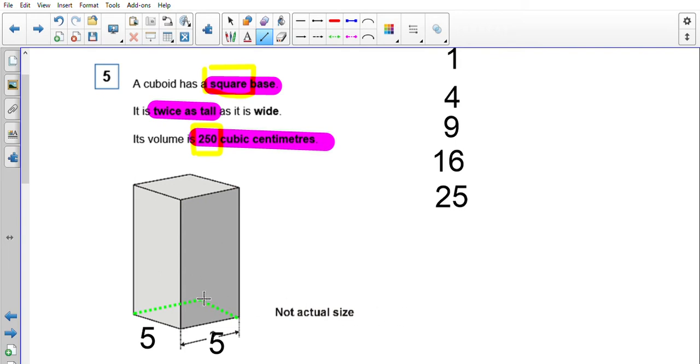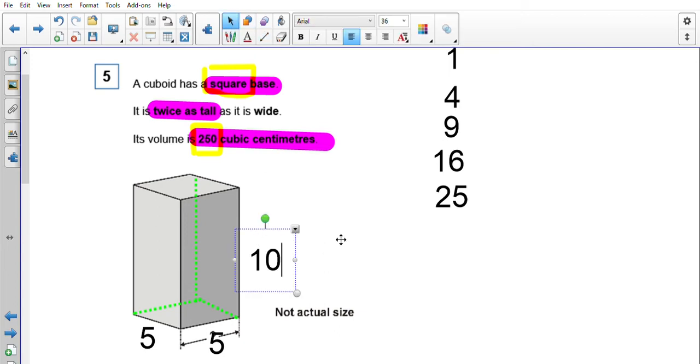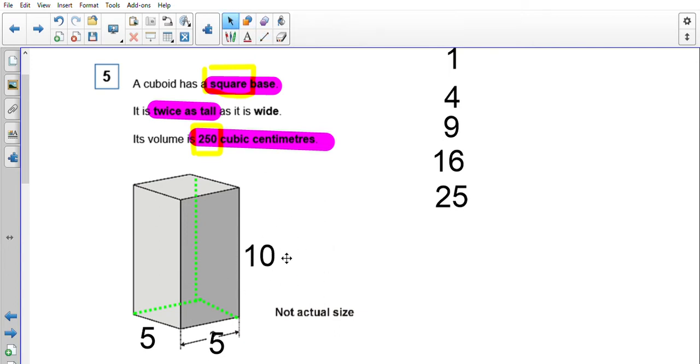And then to find the volume, I know it's 250, or 25 times 10 is going to give me 250. And actually, if 10 was my height, that's twice as high as it is wide. So those are my dimensions, 5 times 5 times 10. 5 times 5 is 25 times 10, 250 cubic centimetres.